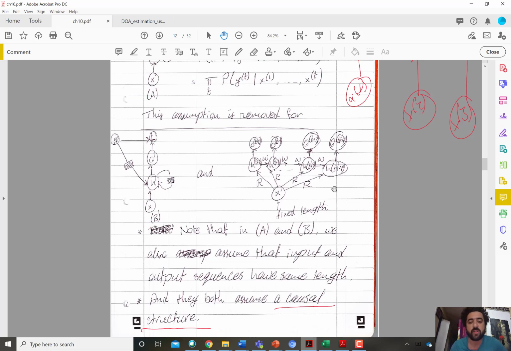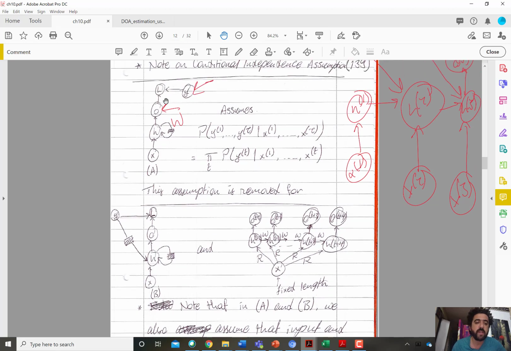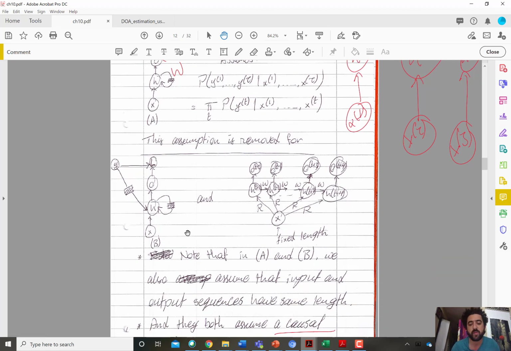Then I no longer have causality, right? So this network, which we called network type A and type B, they have causality. A has conditional independence of the output given the input. This network here, let's call it C, has conditional independence of the output given the input. This network does not have conditional independence of the output given the input.